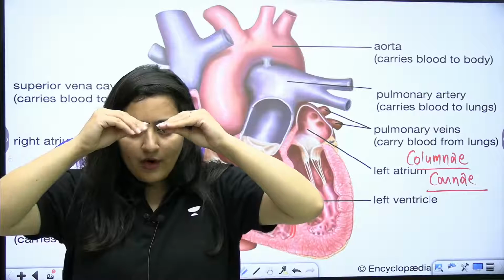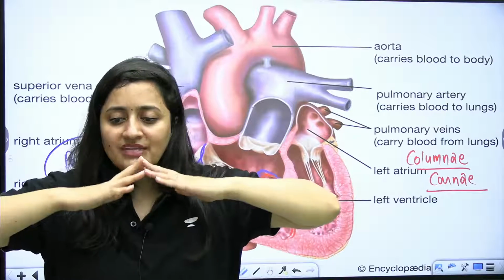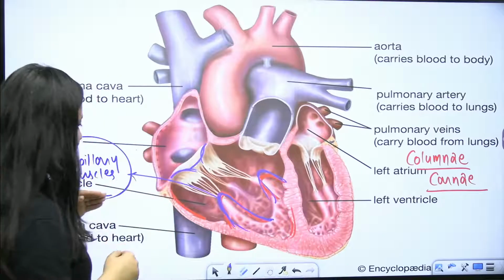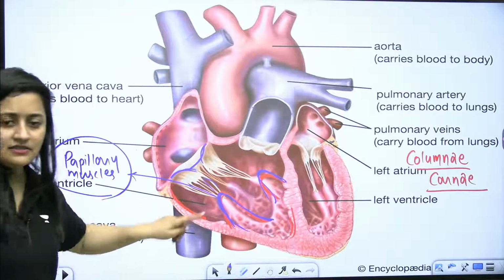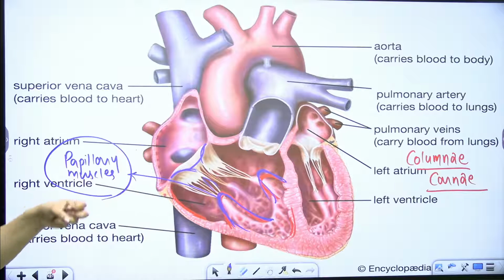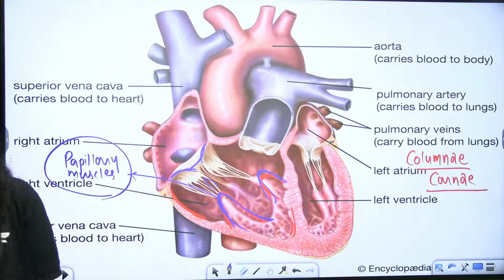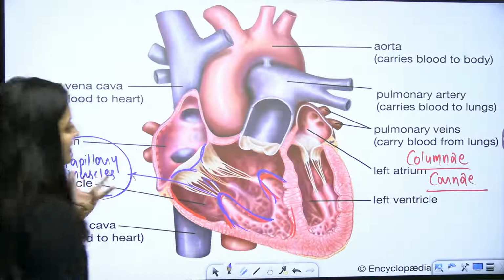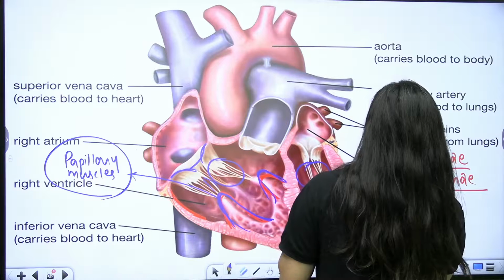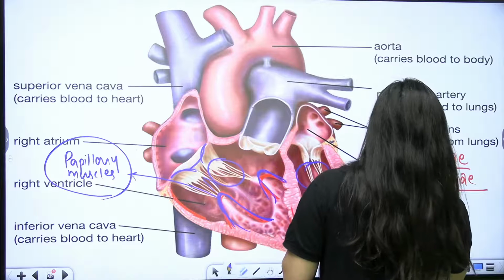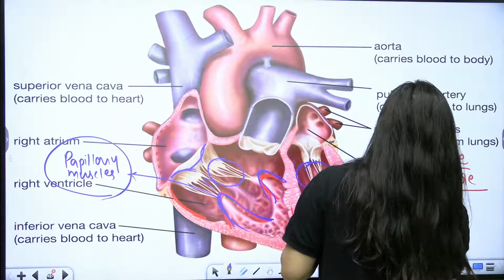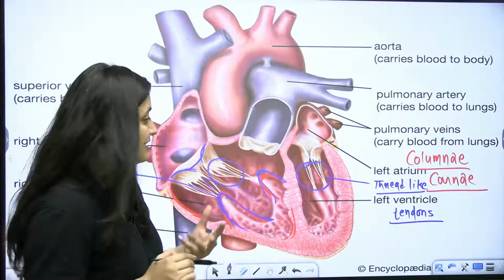Now when you are talking about these valves, these flaps, certain structures are attached to them. Can you see these lines? They are strong, elastic, thread-like tendons.